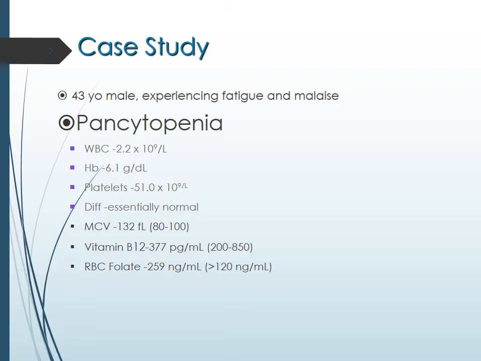Mean cell volume is 132 femtoliters. Vitamin B12 is 377 picograms, within the normal range. RBC folate is 259 nanograms per mL, and the normals are greater than 120 nanograms.